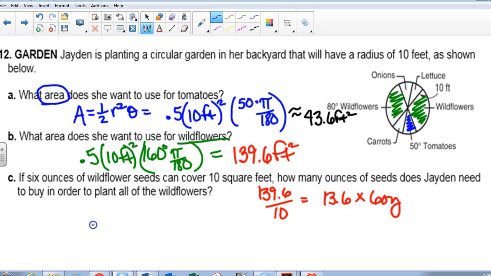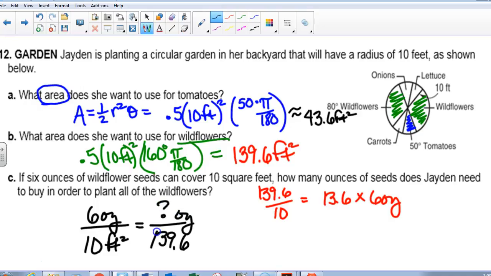If I was explaining this to my algebra kids, I would have said 6 ounces will cover 10 square feet. Therefore, how many ounces are needed for 139.6 square feet? What's that called? I'm going with a proportion, but yes, you would cross multiply and divide.